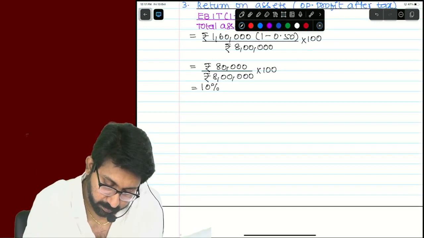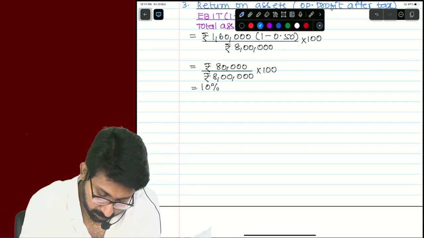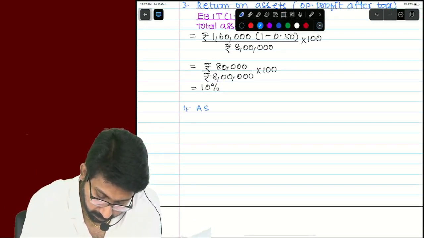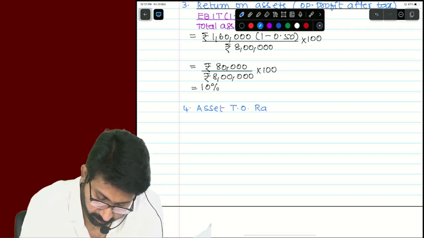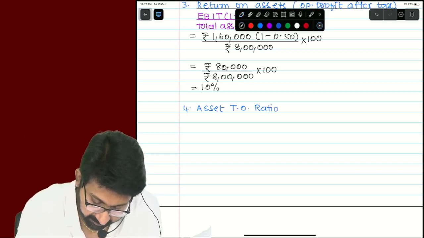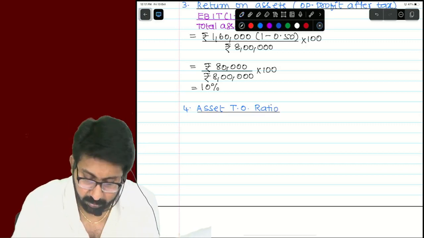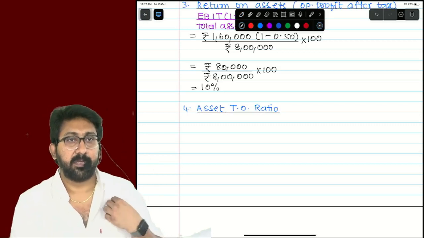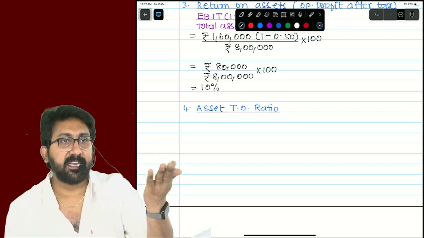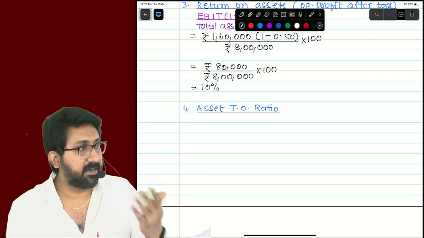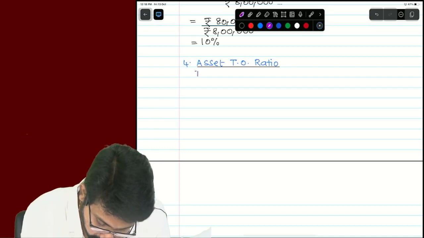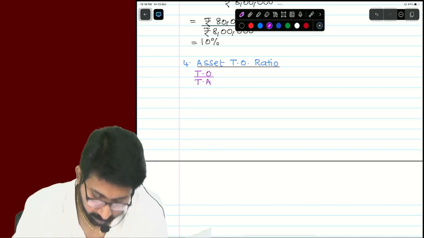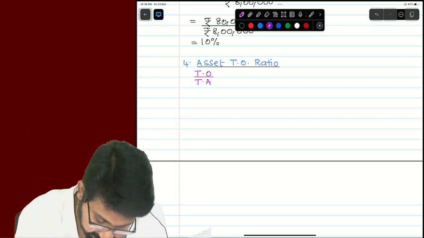Next, number 4. What is the next one? Asset turnover ratio. Whenever they are asking turnover ratio, who influences whom is important. Assets will influence the sales. So immediately the formula should be turnover by total assets.